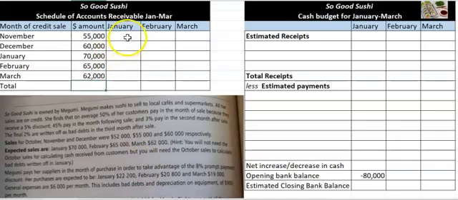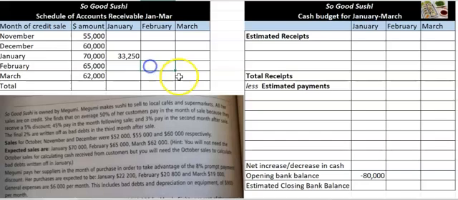So remember, it said that of the sales, in the month of the sale, of that 70,000, 50% of it is paid in the month of sale, and then we get a 5% discount. So we're going to multiply that by 95%, and that'll give us how much we receive in January from January's credit sales.